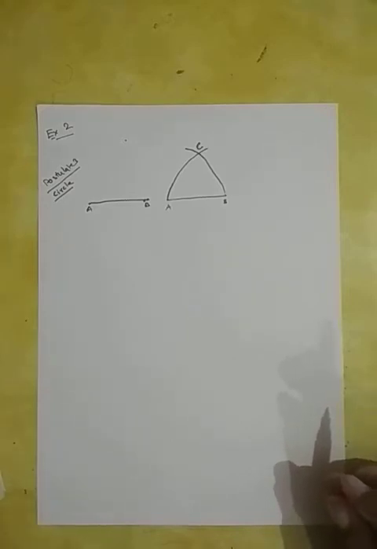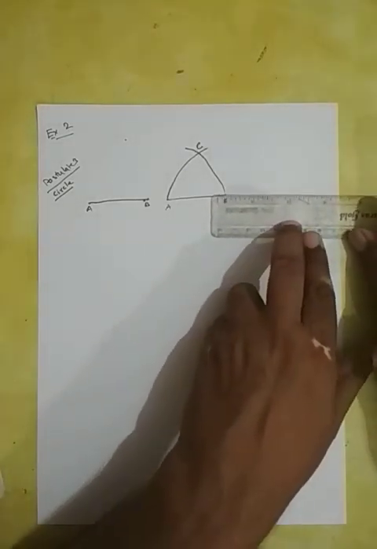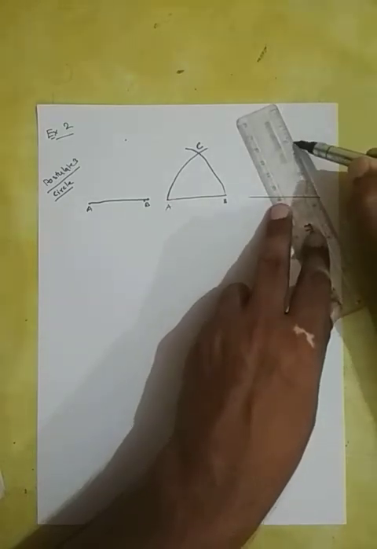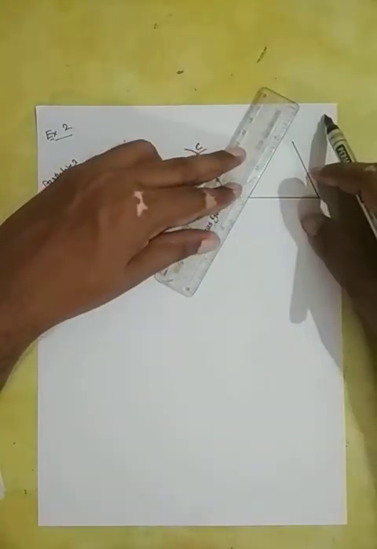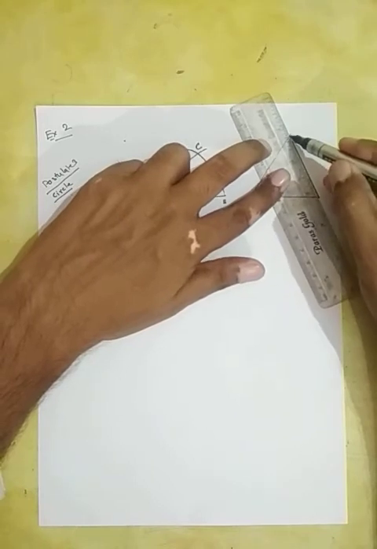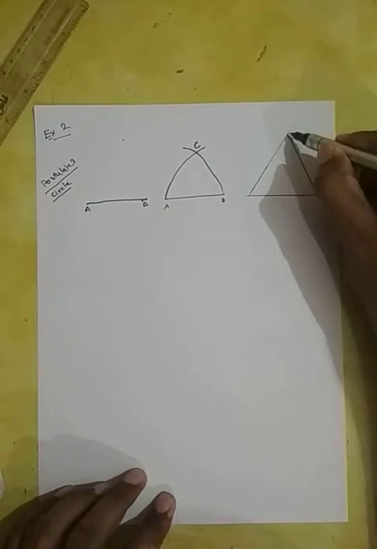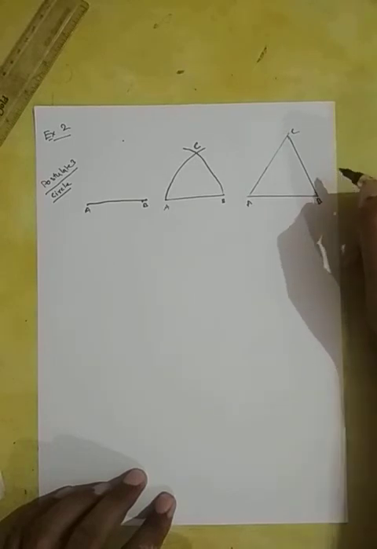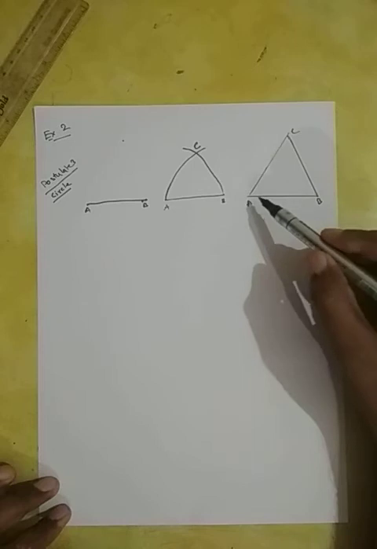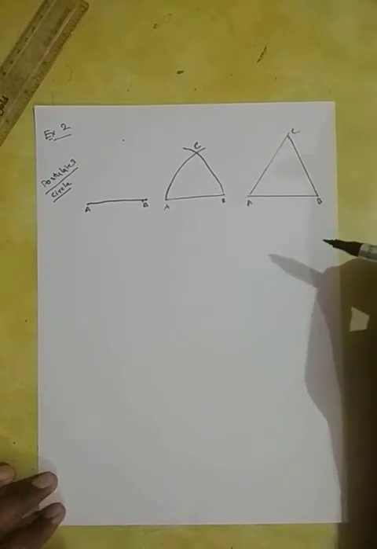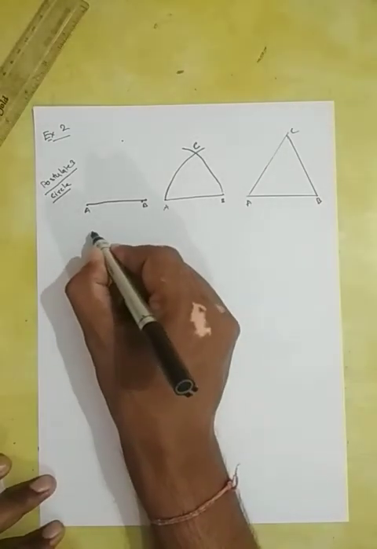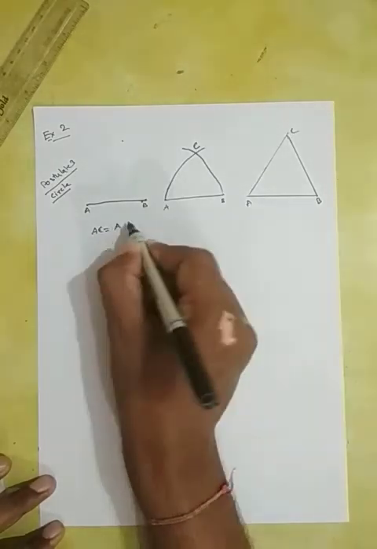Now we join the point C to A and B. Now AC and BC are also radii.